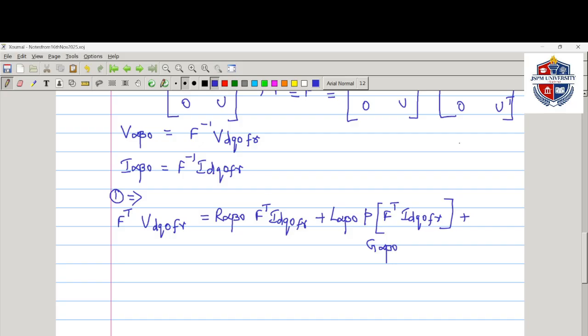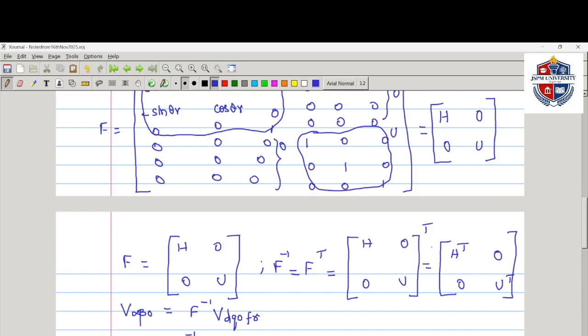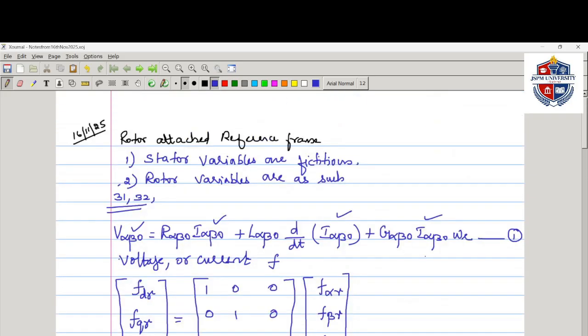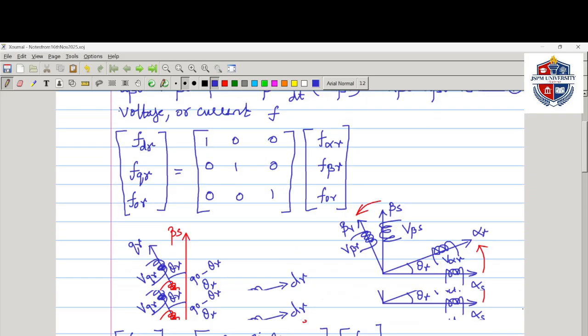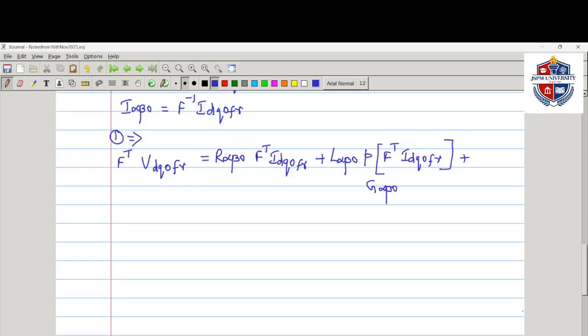So in this G alpha beta naught we are going to substitute I alpha beta naught. I alpha beta naught, already we know, is F transpose into I dq naught FR plus FR into omega r.